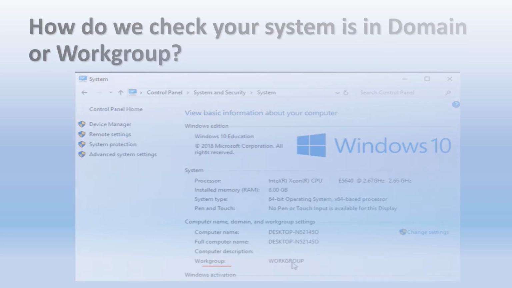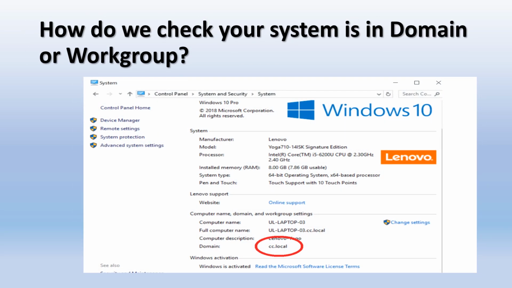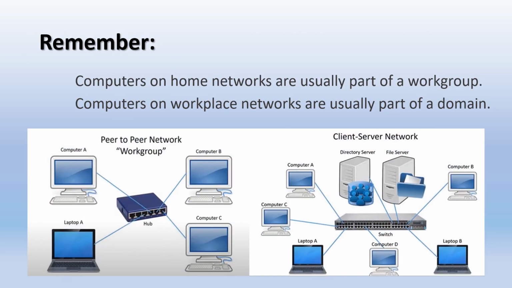Nowadays in Windows 10, we don't see this option in System. Go to Advanced System Settings, then you can see whether your PC belongs to a domain or workgroup. And remember, computers on home networks are usually part of a workgroup, and computers at a workspace are usually part of a domain.